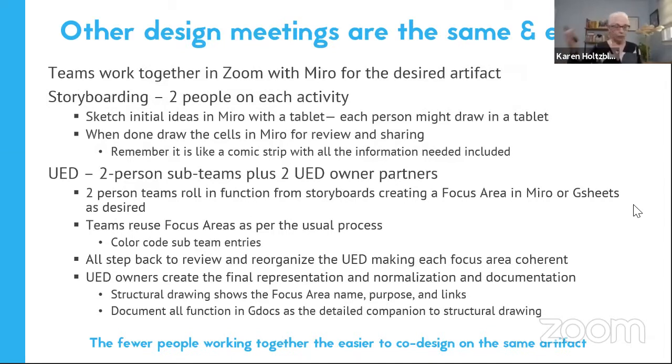Draw a square, write in bullets. You have multiple tablets here. Now, the other people may be rolling in a different storyboard. When they write in a function reusing that focus area, they need to use a different color pen.